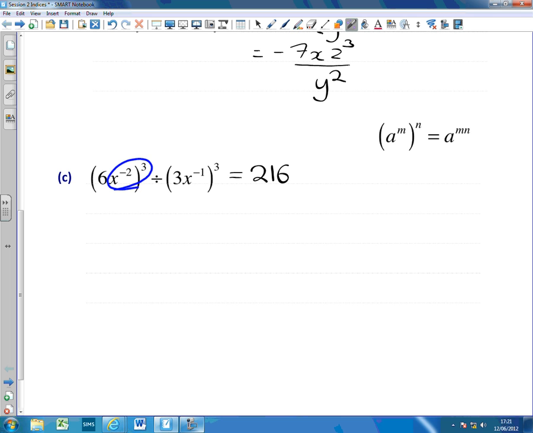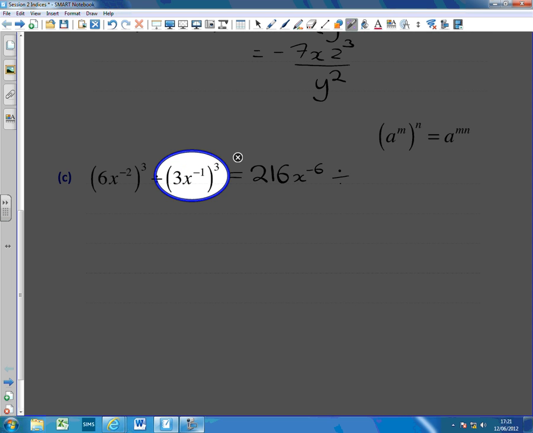We do use the index law here to help us. It's telling us to multiply our powers. So we're going to get x to the minus 6. Now we're dividing. We've not acted on the division yet. And we get to this bit. But remember that we need to raise the 3 to a power of 3 as well.